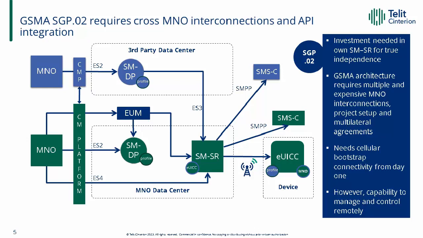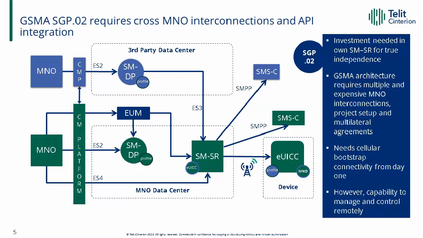The SMSR is the one to push the profile to the device, which means whoever controls the SMSR is the one who really has all the power to decide when or how the SIM profile should be pushed over.